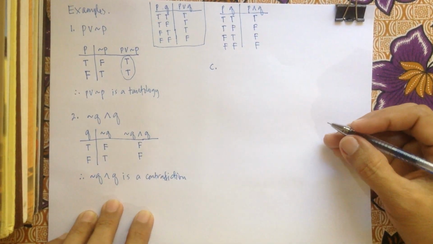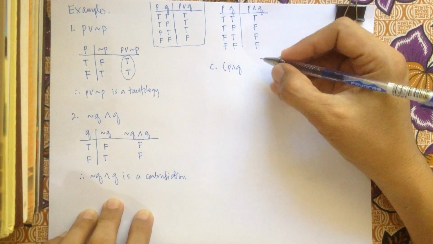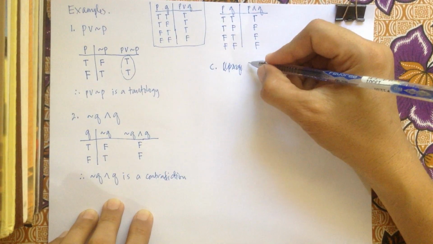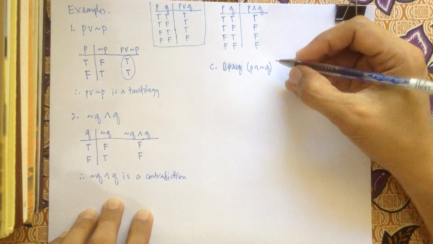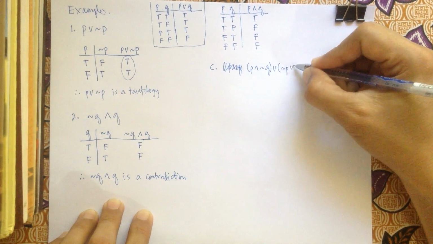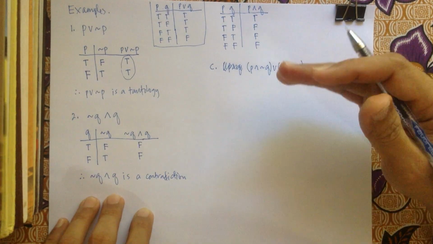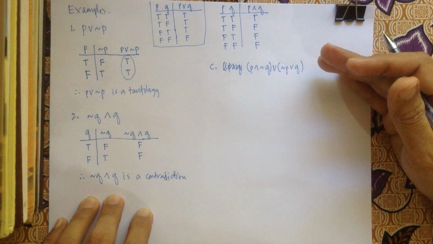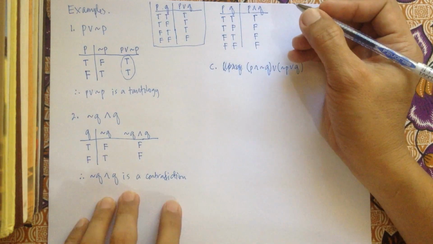This time we're going to determine whether it should be P and negation of Q or negation of P or Q. So the question is, is this a tautology or a contradiction, or neither? Let's find out by constructing again the truth table.